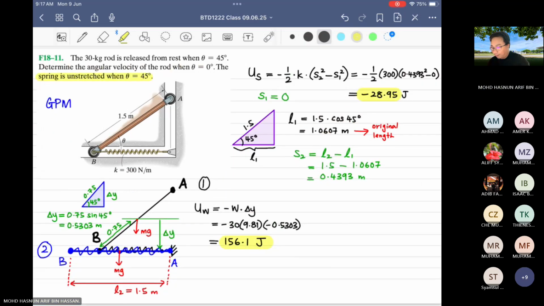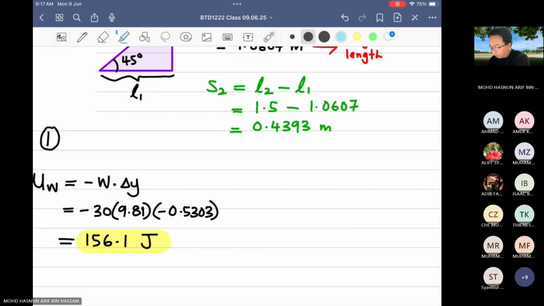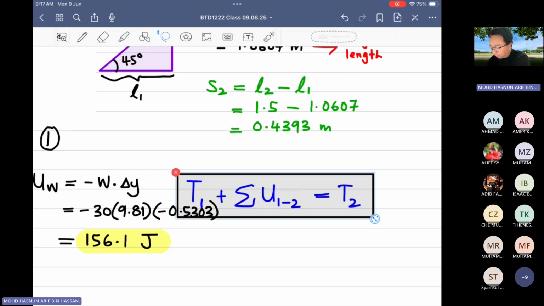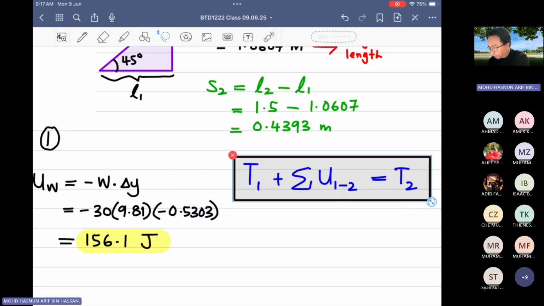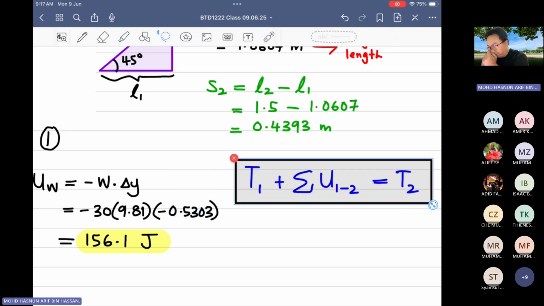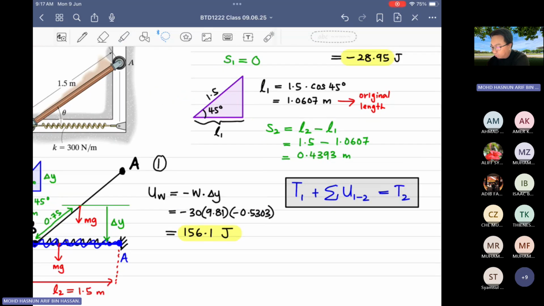All right. Okay. The next clue is we have here the rod is released from rest. Okay. Remember, what was our equation? The principle of work and energy is T1 plus total work done is equal to T2.